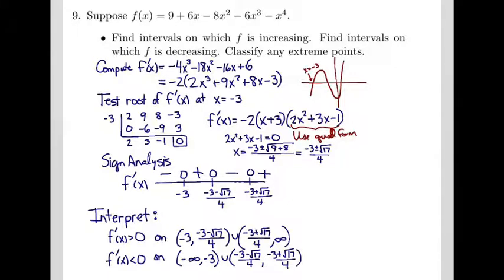And so where the first derivative is positive allows me to conclude that my original function is increasing on each of the separate intervals. So I'll be increasing on the interval -3 to -3 minus root 17 over 4, and on the interval that's -3 plus root 17 over 4 to infinity.